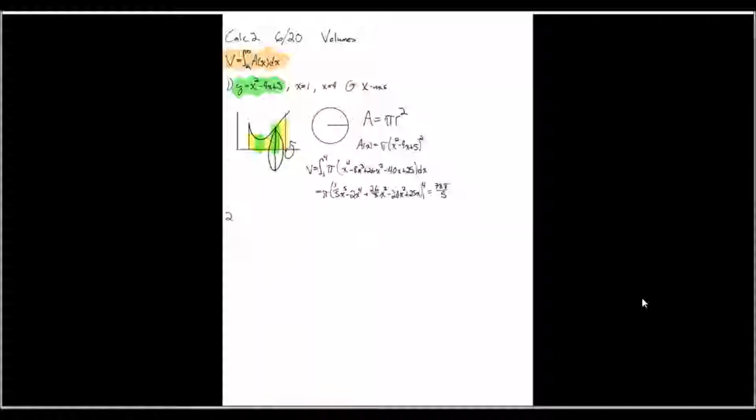So number 2 here, I'm going to list two functions now. y is equal to the cube root of x, and y is equal to x over 4. Ooh, let's get a better 4. There we go. And we're only going to be looking at the first quadrant, and we're going to be rotating around the y-axis.